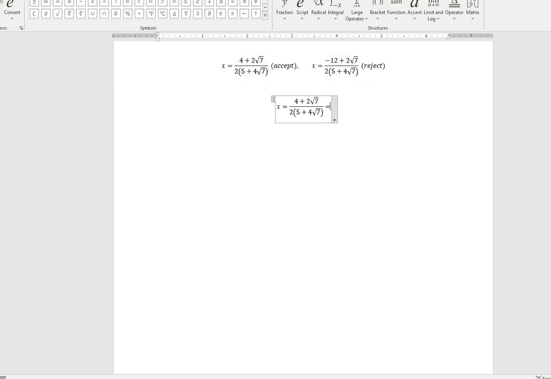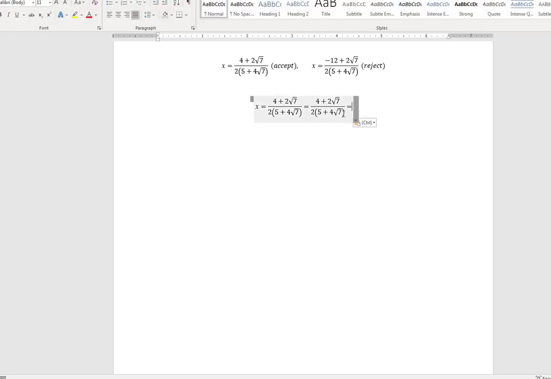But before that, to make your job easier, let's expand this one first. We will have 2 times the ones in the bracket. We will get 10 plus 8 square root 7.